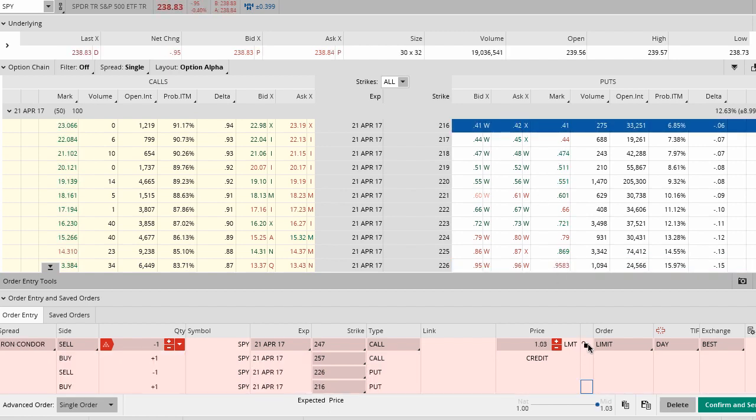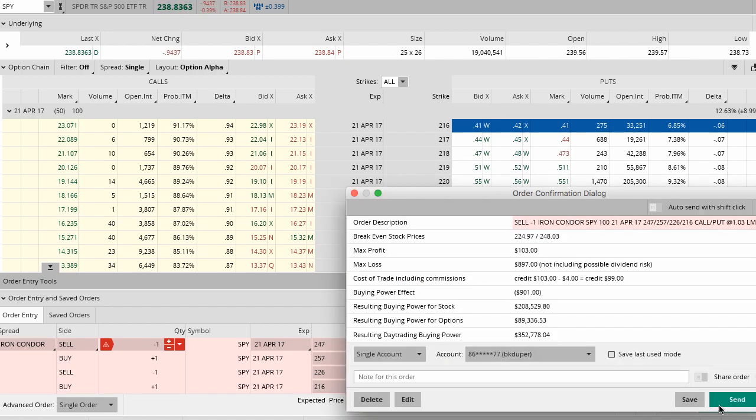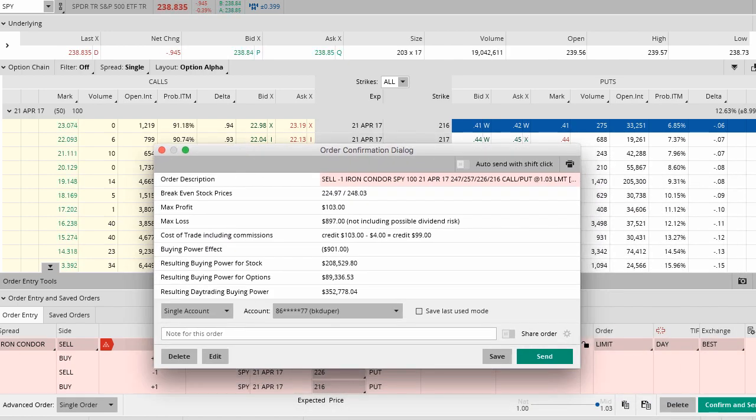So we definitely cut back on our credit from $150 down to about $103. But you'll notice when I confirm and send here that we cut the margin dramatically, from about $3,900 down to about just $900, okay?